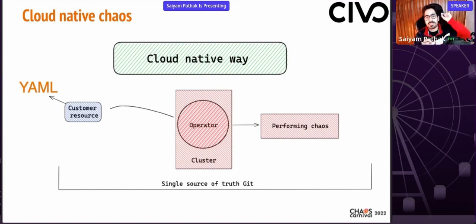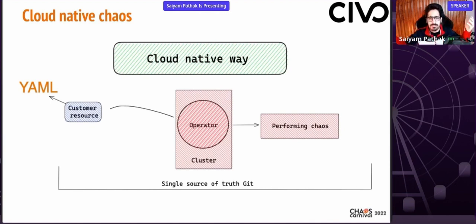It is similar to creating a pod: it goes to the API server because it's a Kubernetes component, the API server already knows, and then the whole process follows and the pod is deployed. For custom resources, like for chaos, you'll have a custom operator that will be deployed onto the cluster as part of the installation. Then you have the custom resource, the YAML file that you'll be writing, or you'll be interacting via the UI.